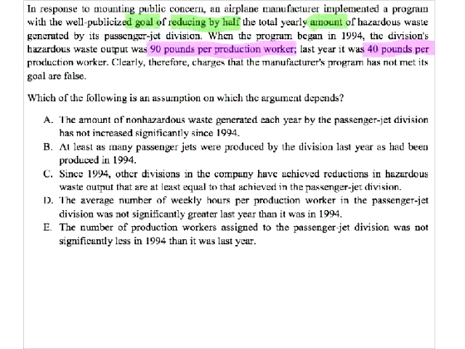And last time it was 40 pounds per production worker. Notice all the words here. Charges that the program has not met its goal are false. What that means, in short, is that the program has actually met its goal. So charges that it has not met its goal are false. Therefore, it's met its goal.